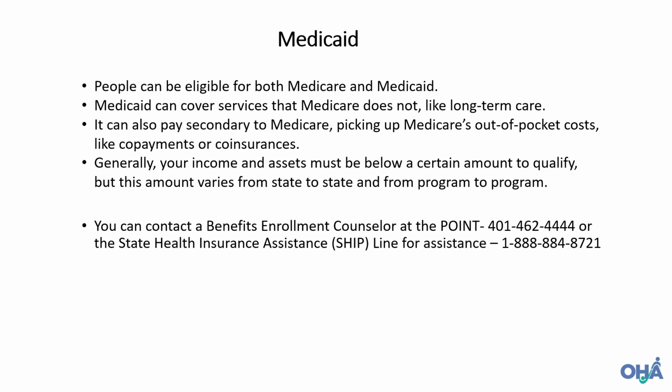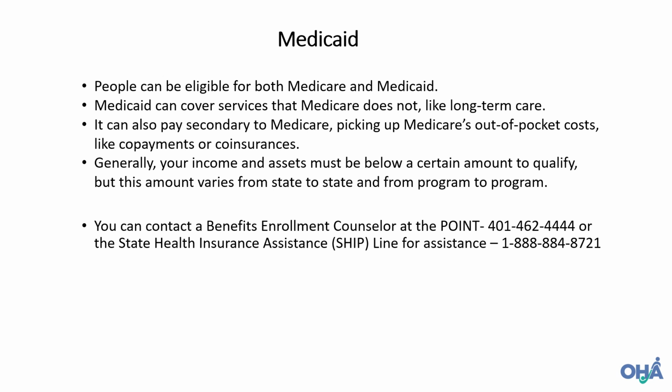Another extra help program is called Medicaid. People can be eligible for both Medicare and Medicaid. Medicaid can cover services that Medicare does not, such as long-term care. It can also pay secondary to Medicare, picking up Medicare's out-of-pocket costs like copays or coinsurance.